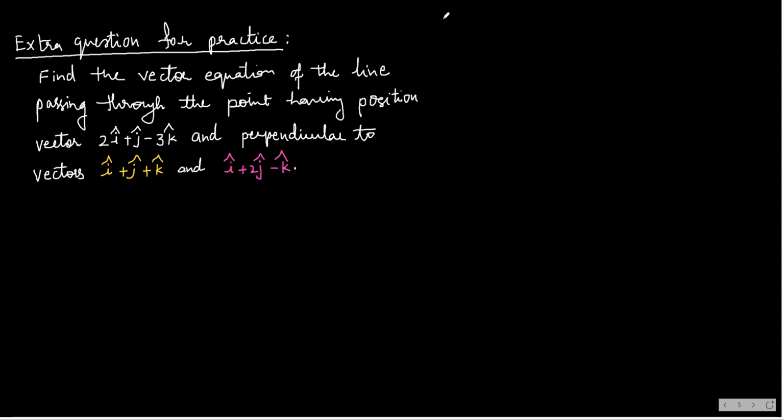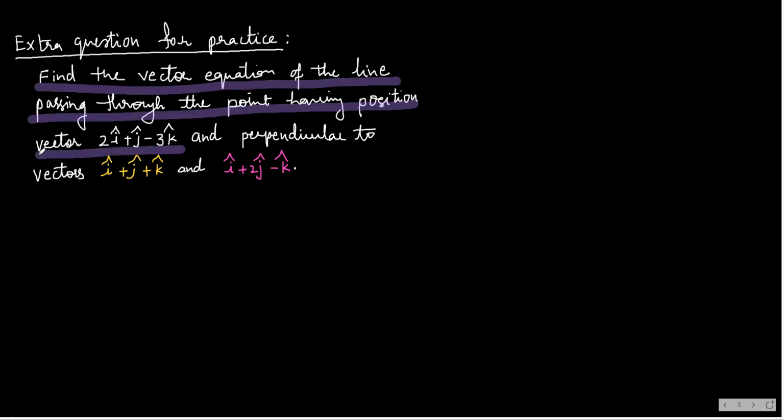The question says, find the vector equation of the line passing through the point having position vector this. So what are we given? We are given the position vector of a point on the line.